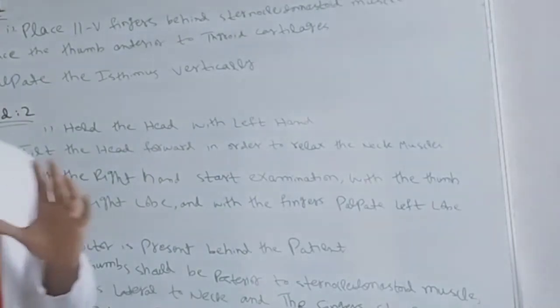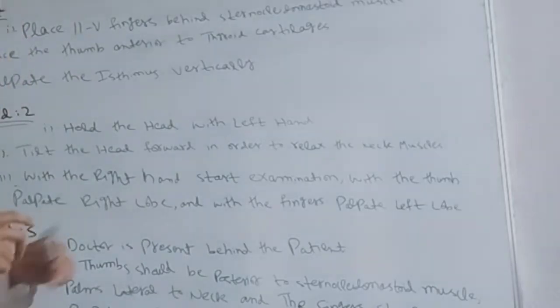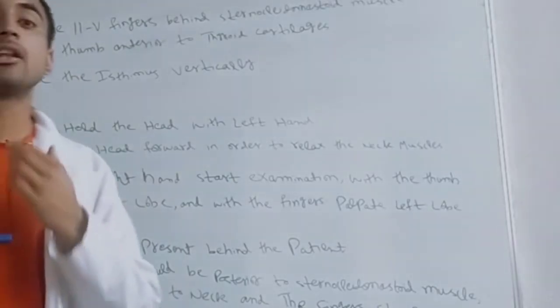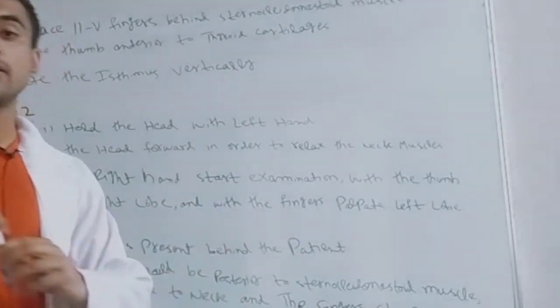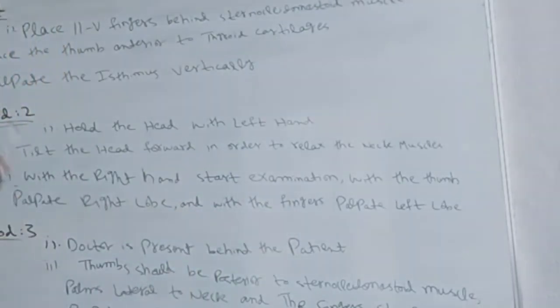With the help of the thumb, we palpate the right lobe of the thyroid gland, and with the fingers, we palpate the left lobe. This is the second method.